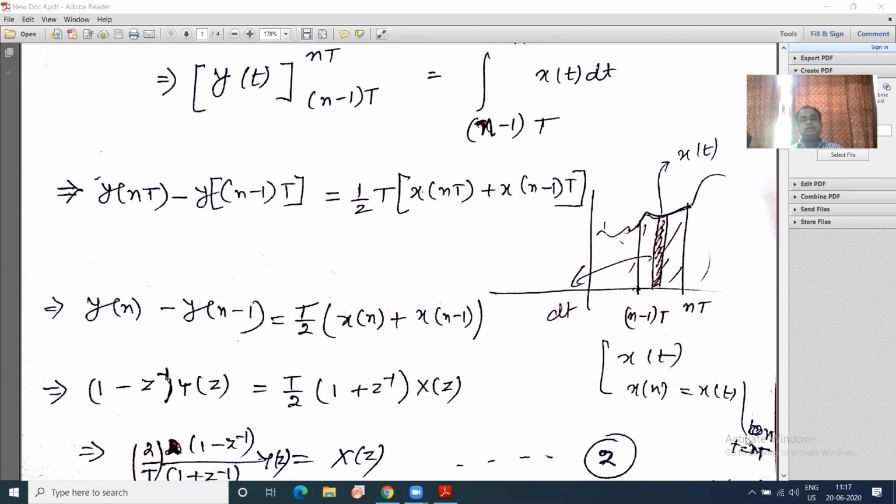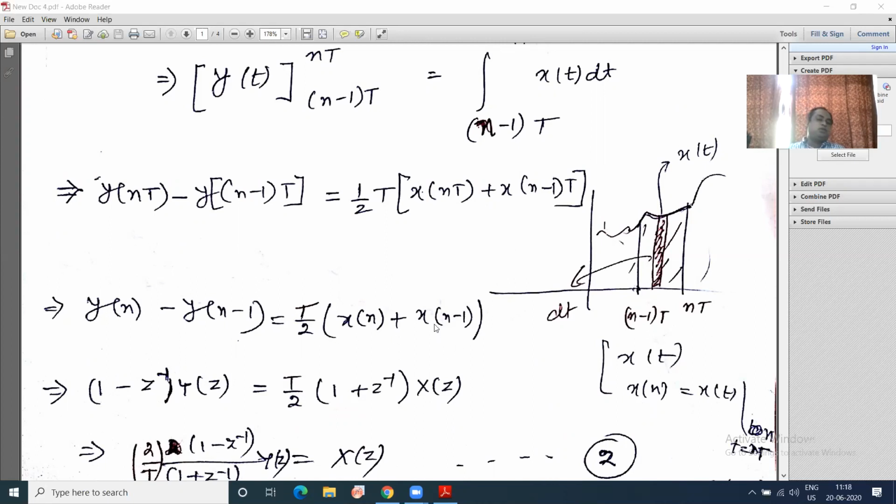But this nT has to be an integer, right? So if x(t) is my analog signal, then x(n), the digital or discrete signal, is x(t) at t equal to nT. So x(n) equals x(nT), and x((n-1)T) I write as x(n-1).